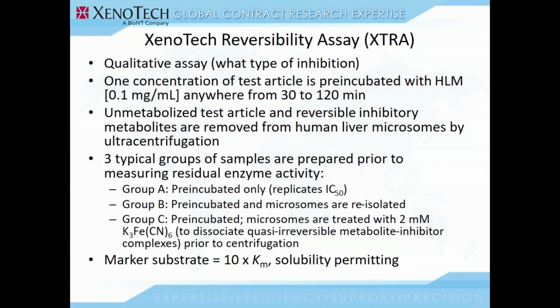Group B are samples that are pre-incubated and microsomes are re-isolated. And Group C are samples that are pre-incubated and the microsomes are treated with 2 millimolar potassium ferricyanide prior to centrifugation. And this will dissociate the quasi-irreversible MICs that might be formed. And the marker substrate concentration will be 10 times Km, solubility permitting for the substrate solution itself.